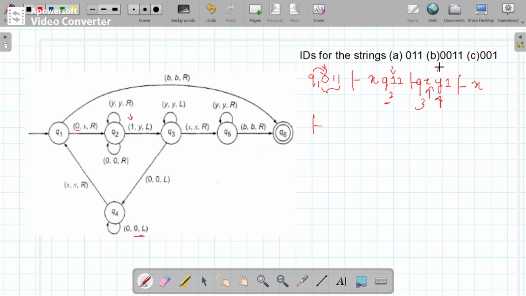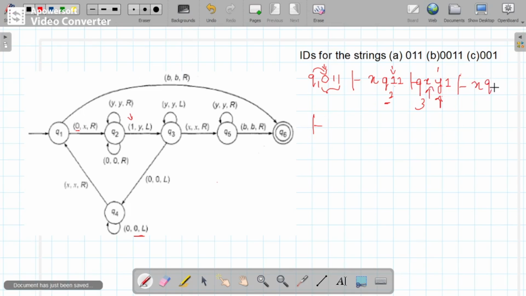So for the next processing, now we have got x x R, which means it goes to the y. q3 on x goes to q5.